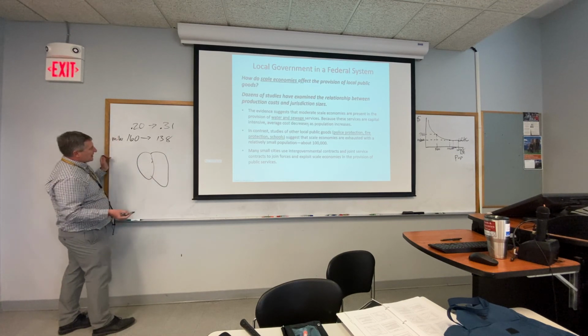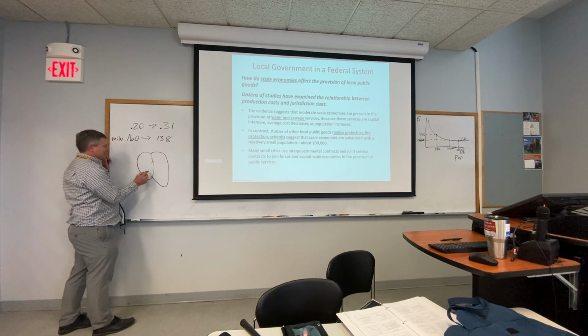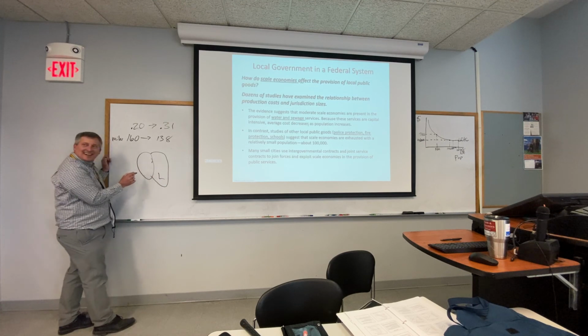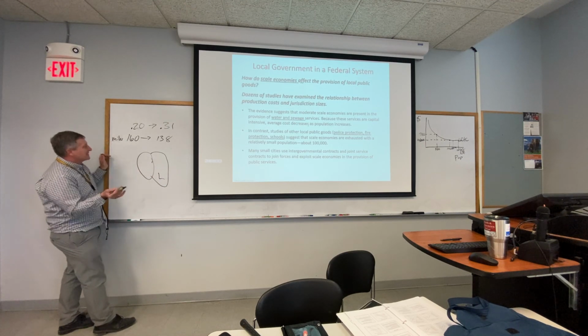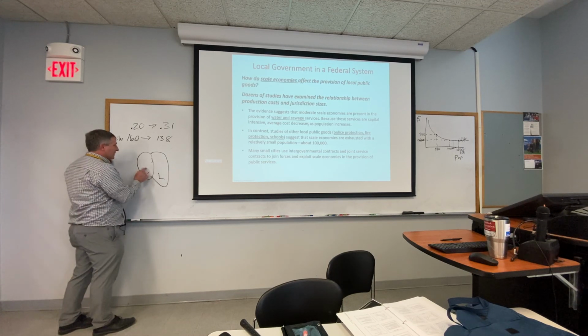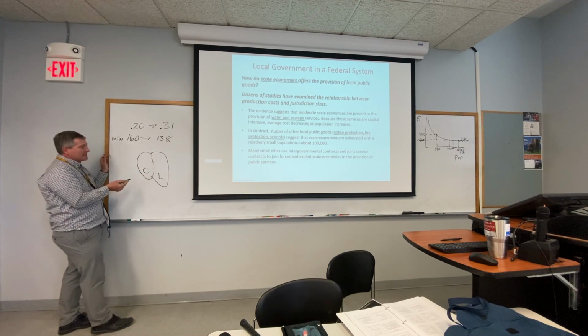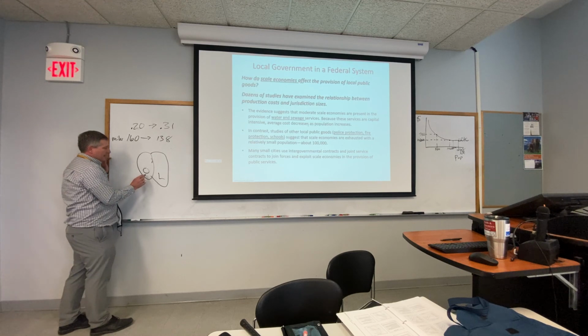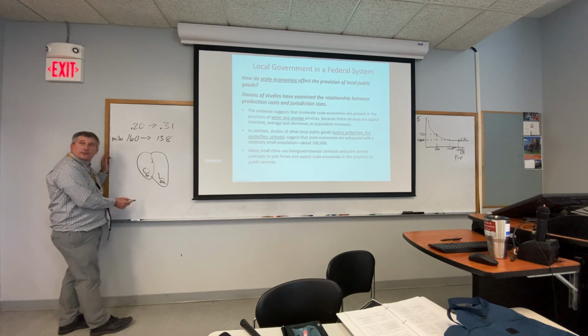I don't know what that's a picture of, but it's apparently city councils. You said Lenexa and what'd you say? Olathe. Okay, so we got Olathe and Lenexa, two cities, and this has 50,000 people and this has 50,000 people.